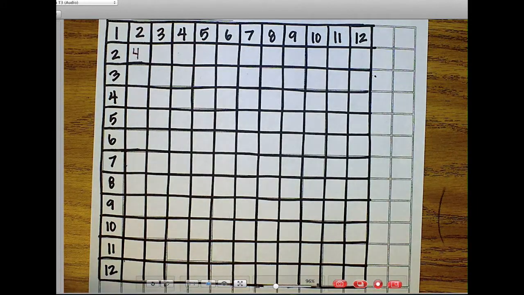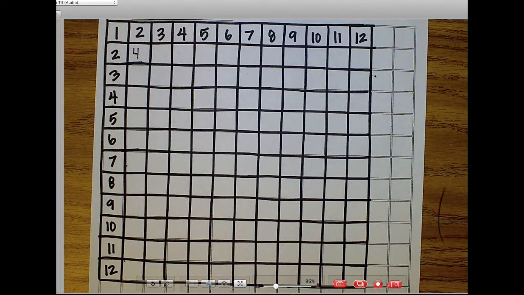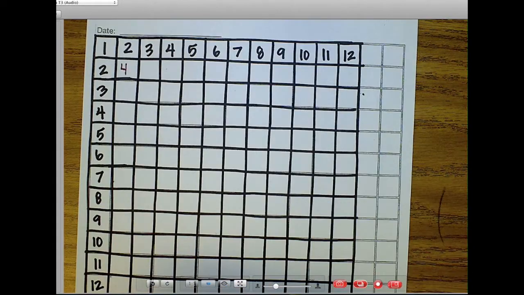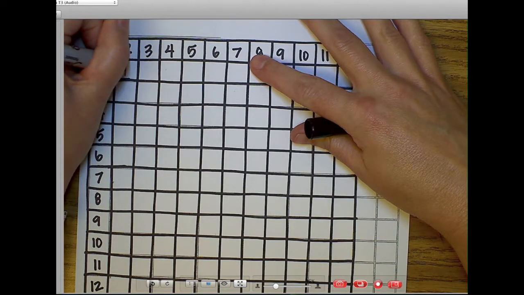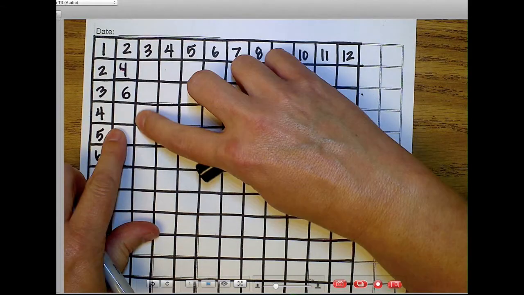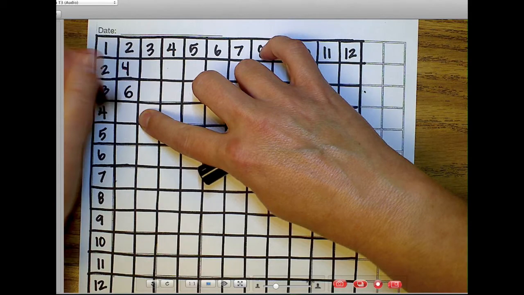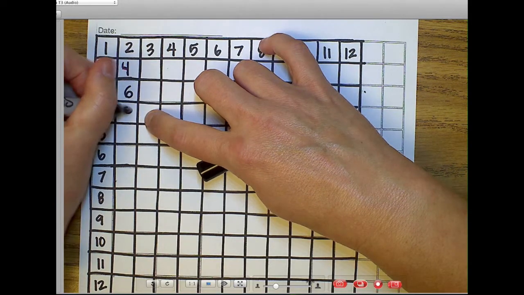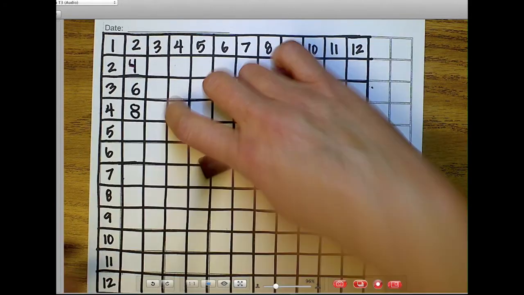I'll show you the black marker. Two times 4 is? 8. Raise your hand if you can tell me a pattern that you're noticing.